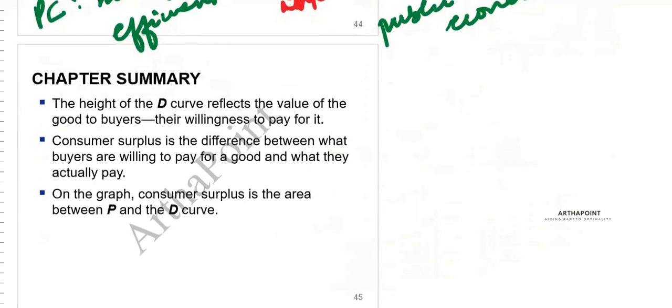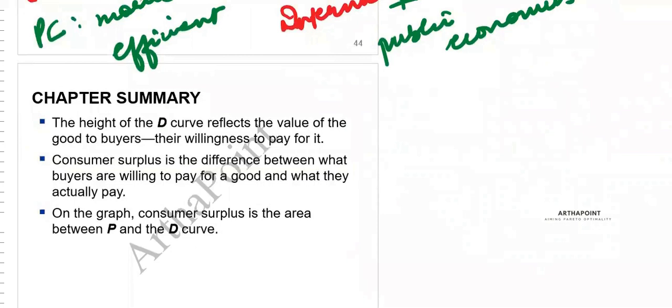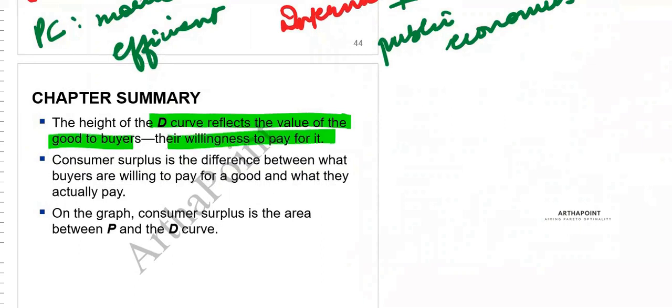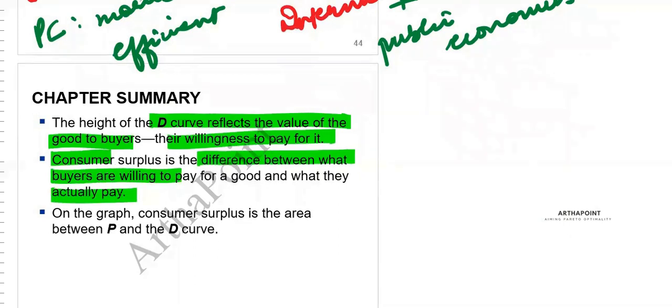Okay, chapter summary. The height of the demand curve reflects the value to the buyer or the willingness to pay. Consumer surplus is the difference between willingness to pay and the price paid. Consumer surplus is the area between the price and the demand curve.